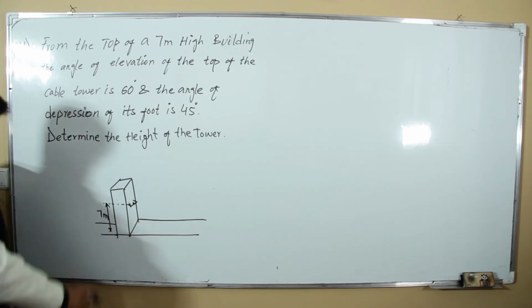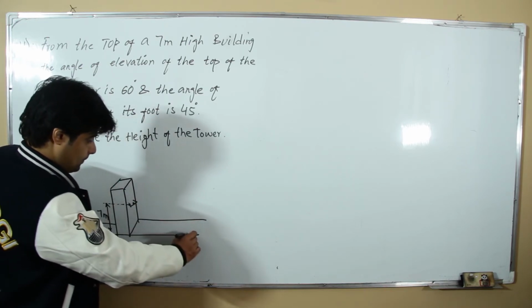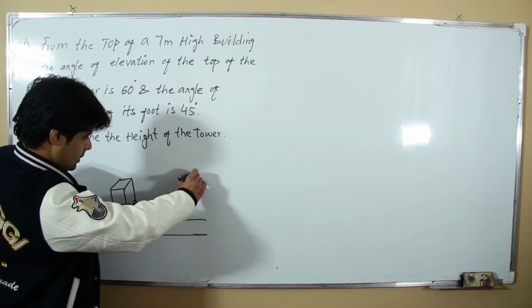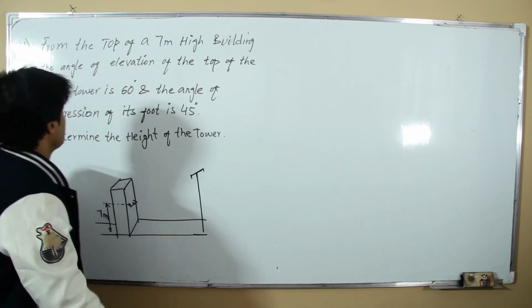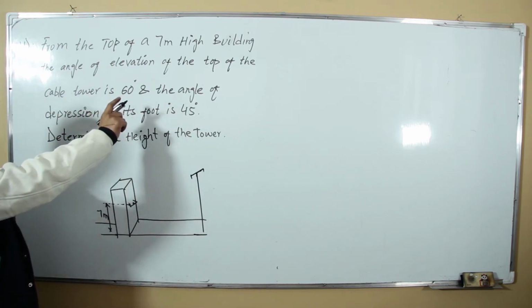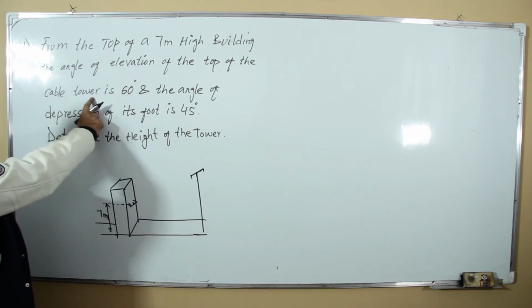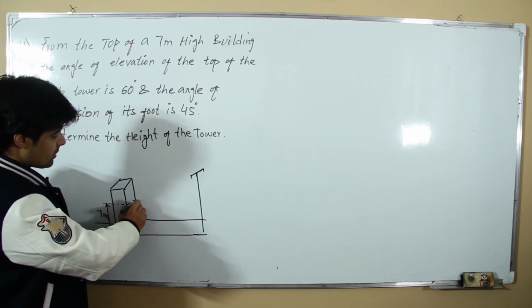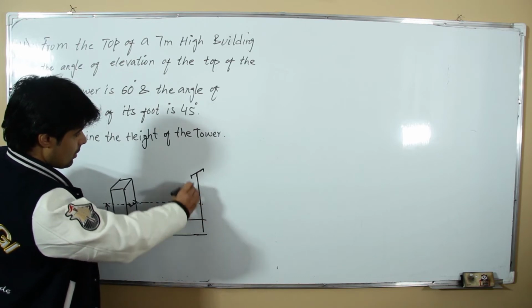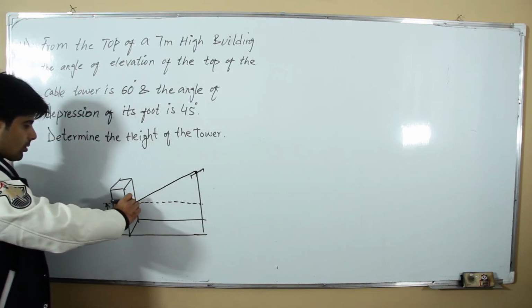There is a cable tower. This is a cable tower. Now the angle of elevation of the cable tower is 60 degrees. What's angle of elevation? Horizontal line and the top part.